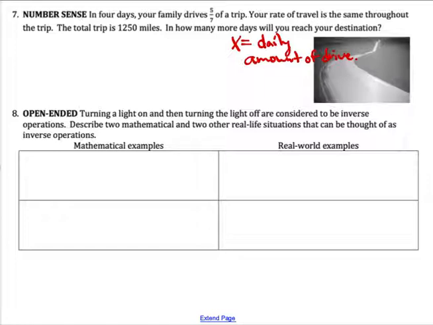This one actually is a little bit more cognitively complex because you do not want to set the equation up with the days to reach your destination as your variable, because you're not going to be able to come up with a good way of writing that equation.